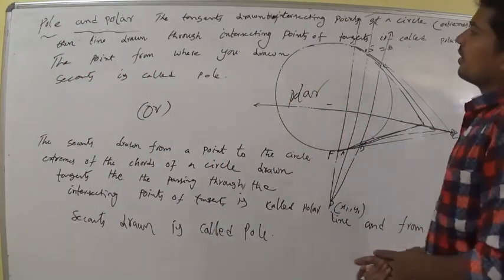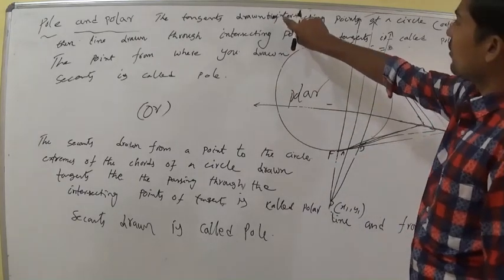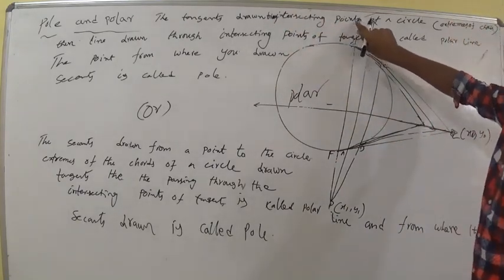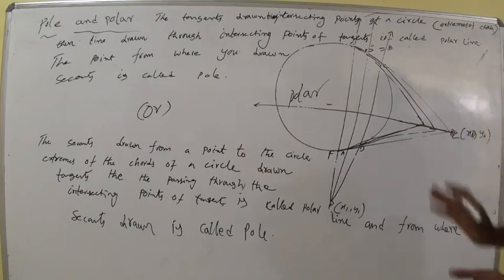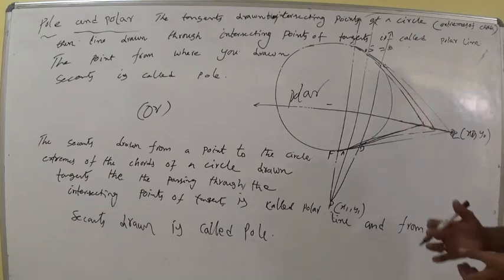Pole and polar: the tangents drawn from intersecting points of a circle, then the line drawn through the intersecting points of tangents is called polar line. The point from where you draw secants is called pole.